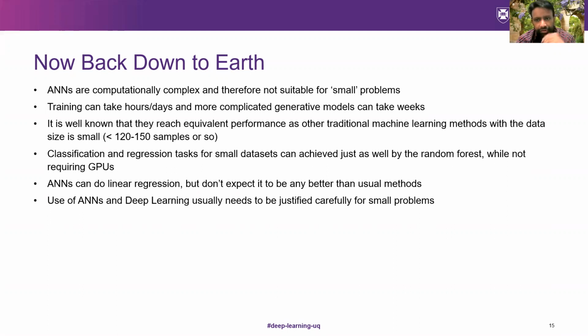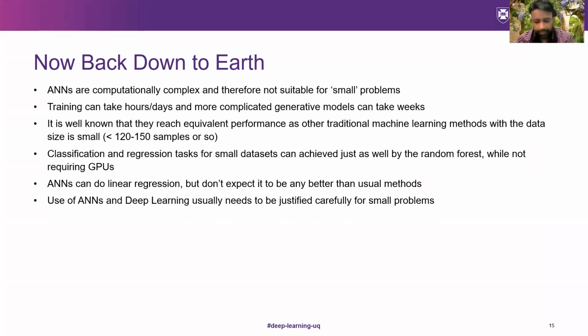As I mentioned, traditional machine learning methods are just as good when the data is small. For example, random forest is actually quite a good tool to use when that's the case. Other things you should be aware of: neural networks can do linear regression, but there are simpler, better tools for that.